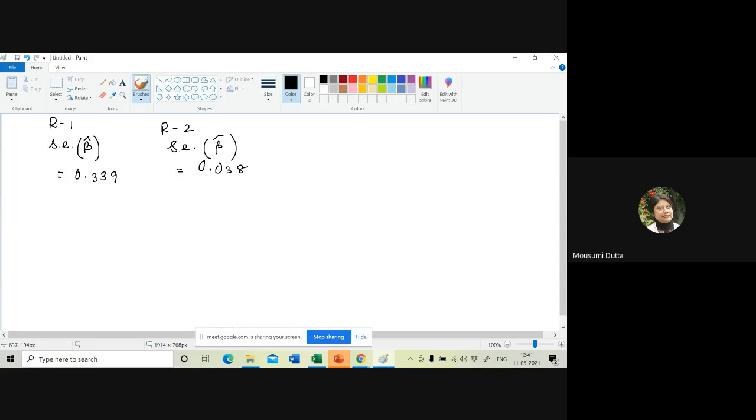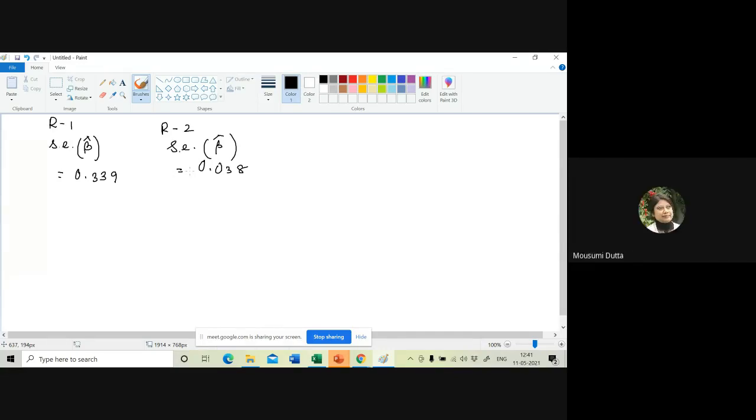So would you please write down the formula for variance of beta hat? Simply the variance of beta hat formula. Sigma u squared divided by summation over i from 1 to n of xi minus x bar squared in the denominator.